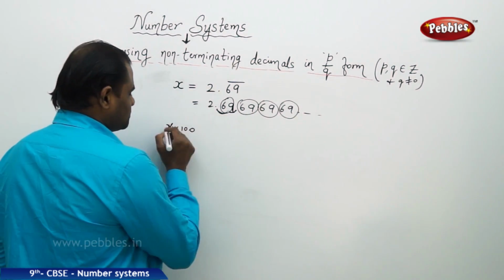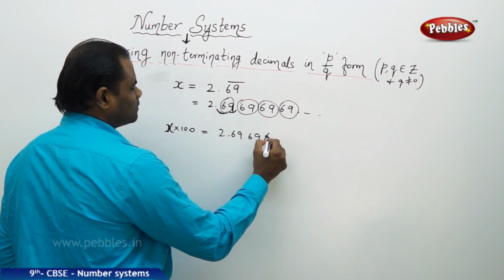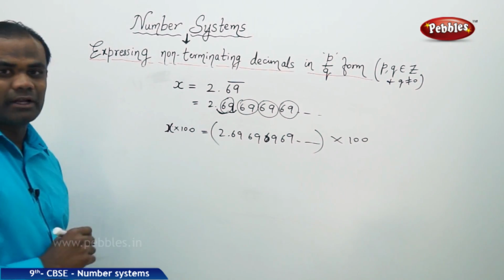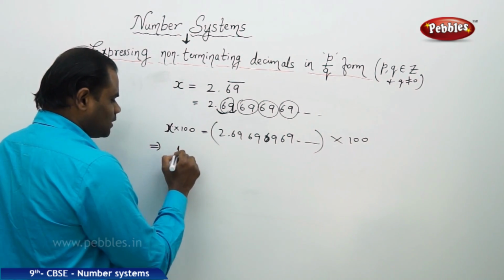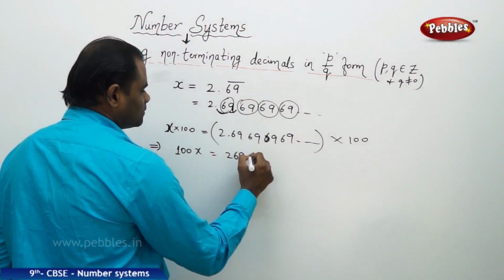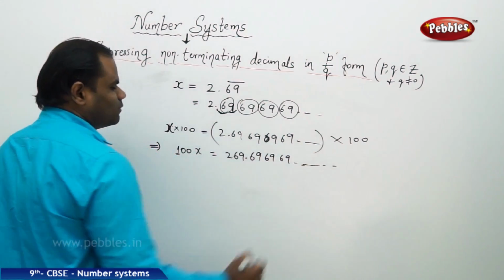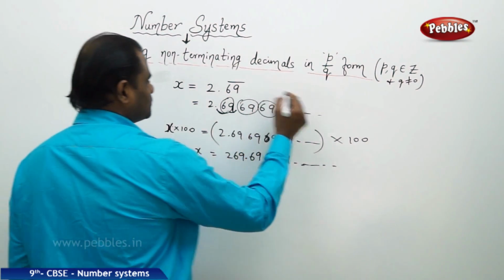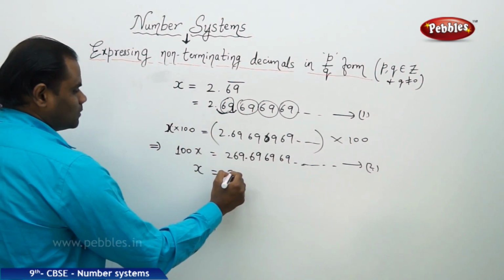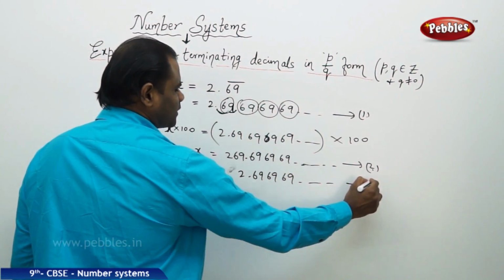And therefore, when I multiply x by 100 on both sides, on further simplification I get 100x equals 269.69 and so on and so forth. And my original x converts to x equals 2.69696969.